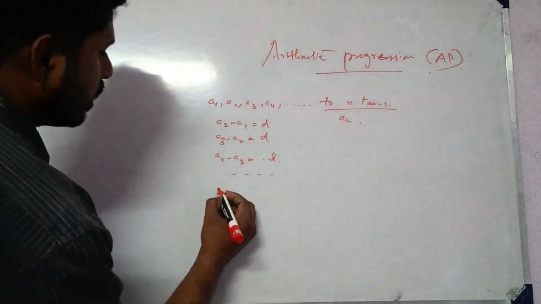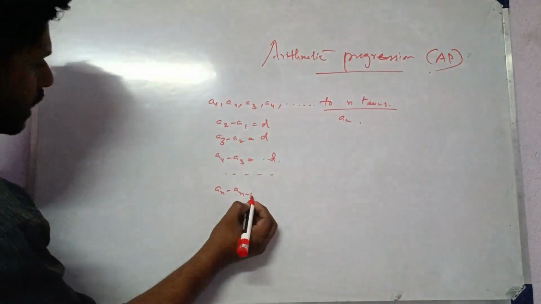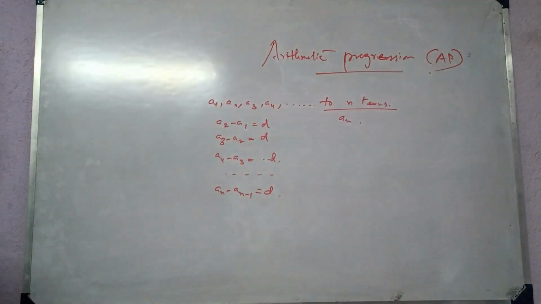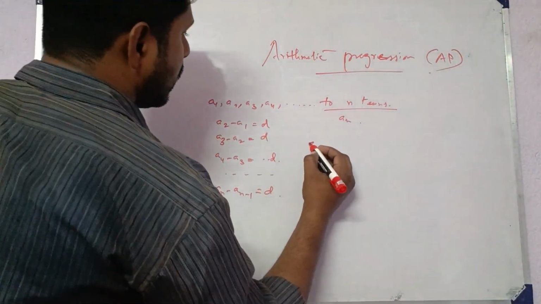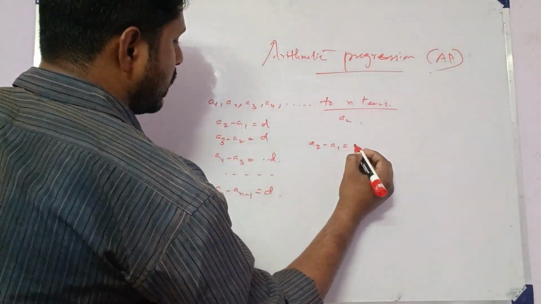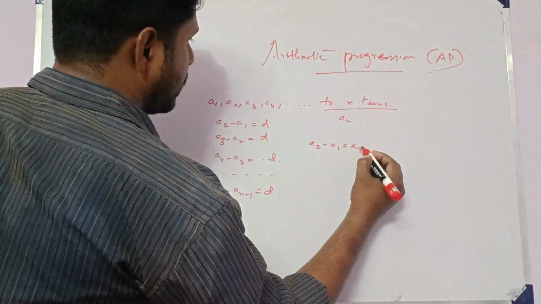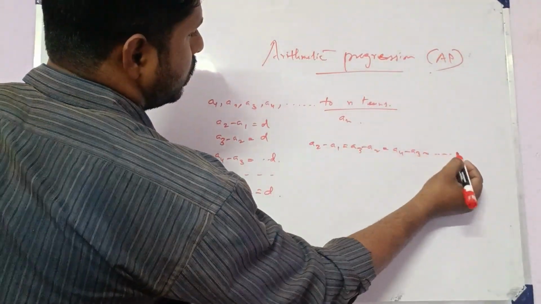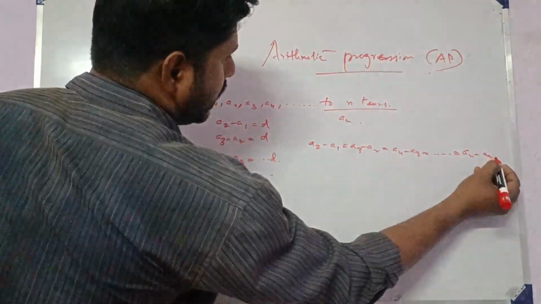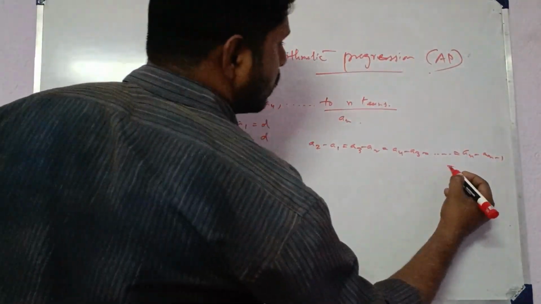So an minus a(n-1) equals D. So A2 minus A1, A3 minus A2, A4 minus A3, up to an minus a(n-1), all equal D.